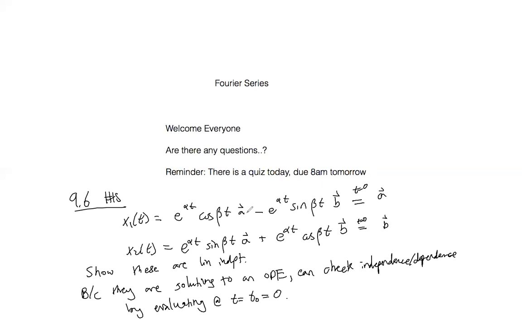I would evaluate it at t equals 0, and then I get this case. If A and B are linearly independent, then x1 and x2 are also linearly independent. And if they're not, then we could maybe suppose that A equals some constant times B and plug that back into our original equations and then see that those are actually independent. That would be my guess as to how to do this.